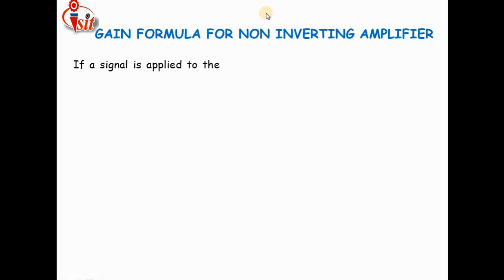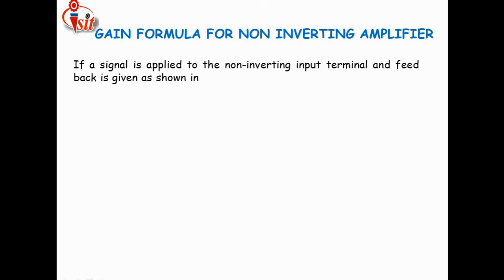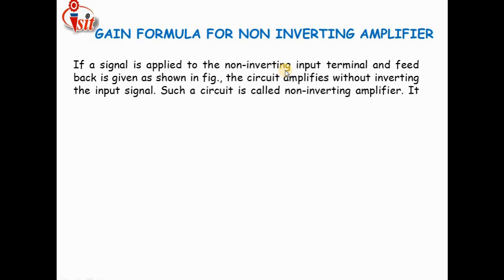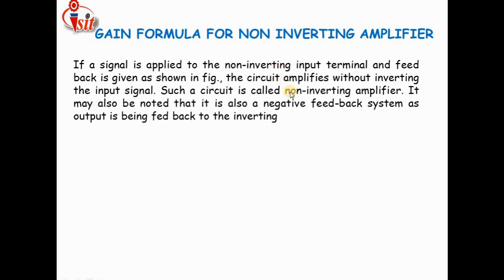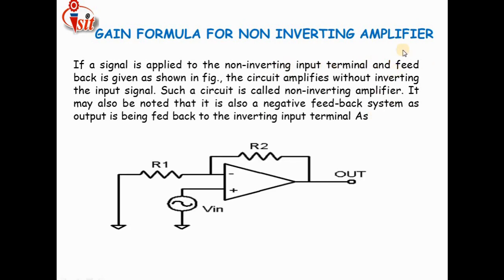Then the gain formula for the non-inverting amplifier. It is similar to the inverting amplifier; the only change is in the positive and negative terminal connections. If a signal is applied to the non-inverting input terminal and feedback is given as shown in the figure, the circuit amplifies the output without inverting the input signal.